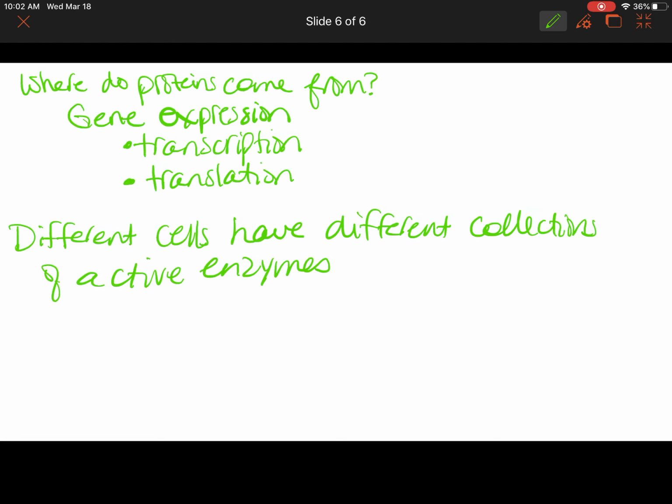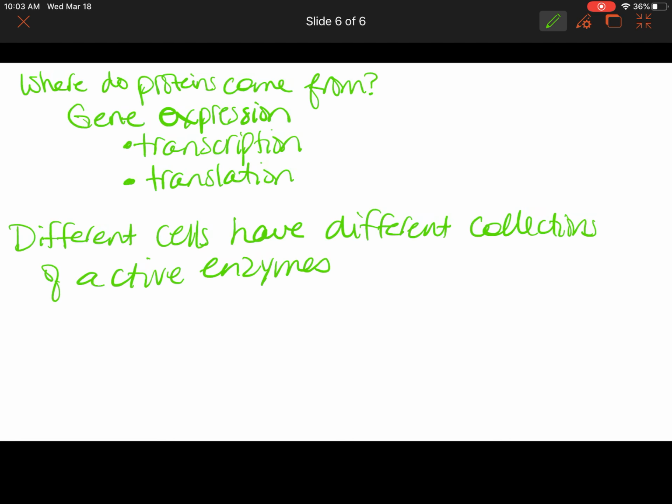When you watched the biology of skin color, you learned about how different enzymes work in the pathway that creates melanin. And some people, based on the alleles that they have, will produce the pheomelanin or the lighter melanin, and some people will produce the eumelanin or the darker melanin.